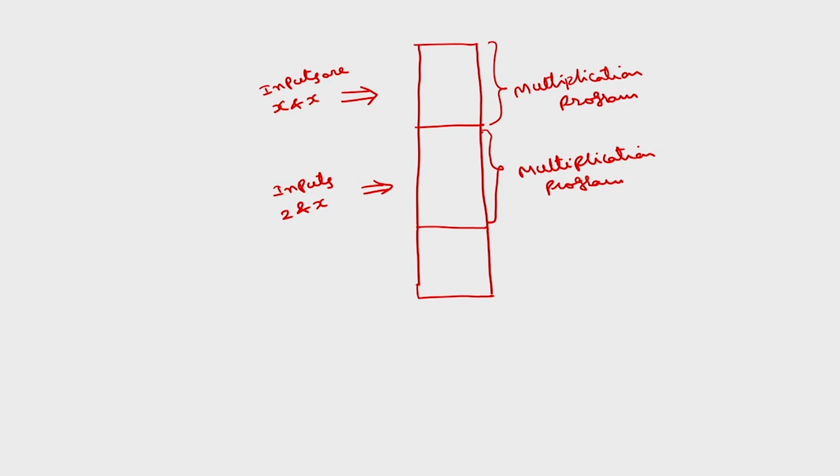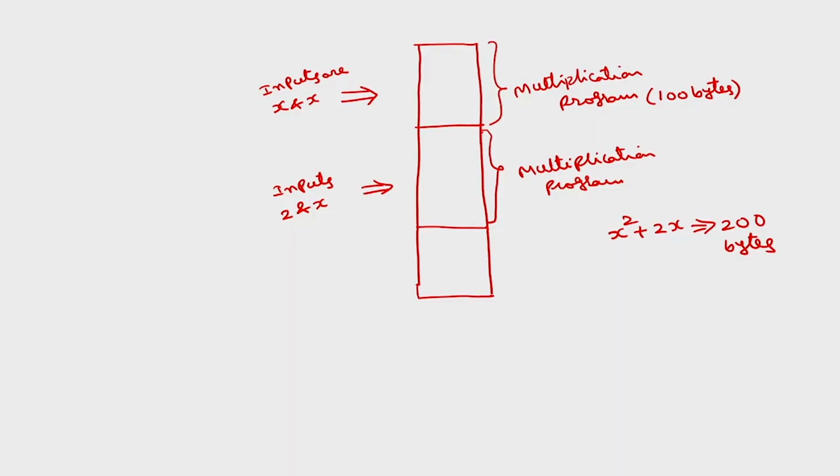Suppose this multiplication program takes 100 bytes, then to obtain x square plus 2x requires 200 bytes. This is a waste of memory, because the program is the same, only the inputs are different. So, instead of writing this multiplication program two times, you write it as a subroutine and call it two times. That will save memory locations.